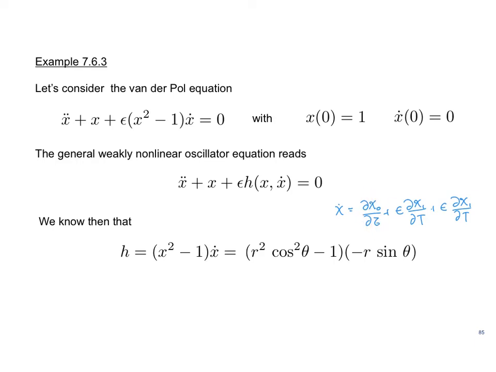Okay, so in these two cases, these two terms vanish, and we will just have x dot to be the derivative with respect to tau, and tau is inside theta, so this is the transformation we just did before, and therefore we obtain this.